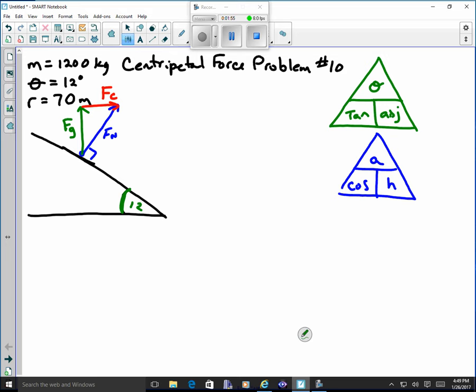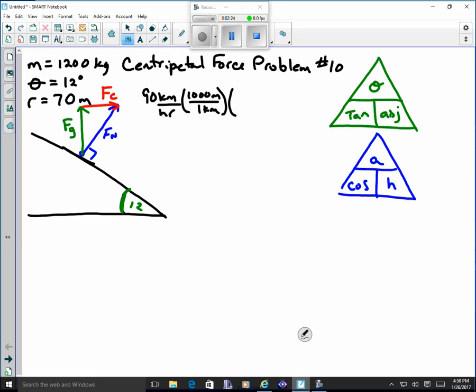So if you look at the problem here, it says that the car is traveling 90 kilometers per hour. Well, that's the first thing we cannot use. So we've got to change that 90 kilometers per hour into meters per second. There are 1,000 meters in a kilometer, so I'm going to put 1,000 meters on top, 1 kilometer on the bottom.